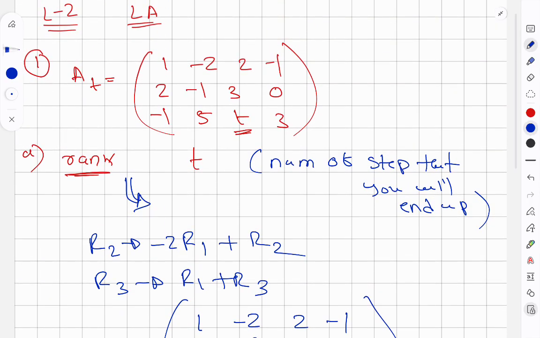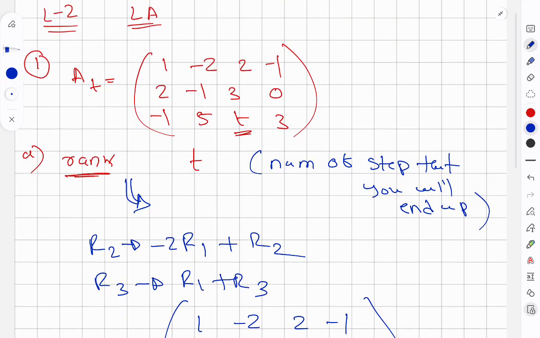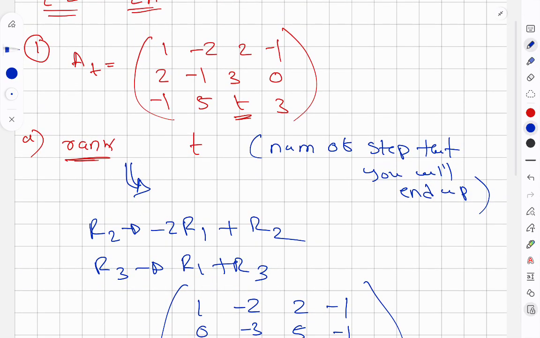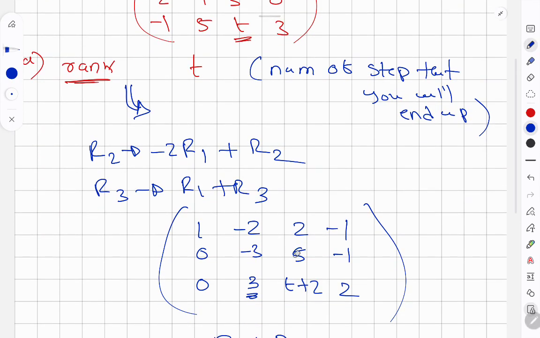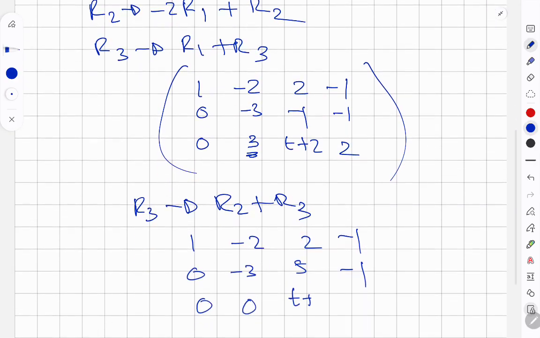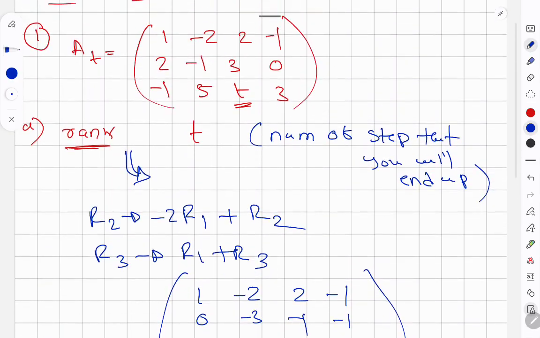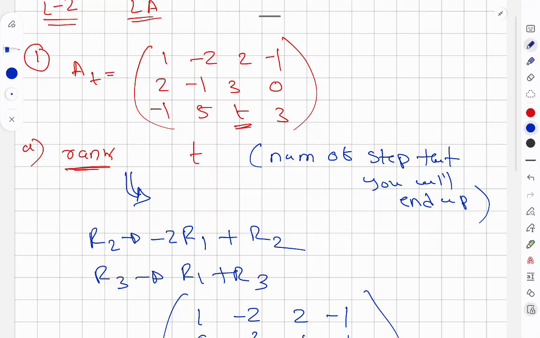Yeah, I multiplied -2, so it's -4. Just a minute.